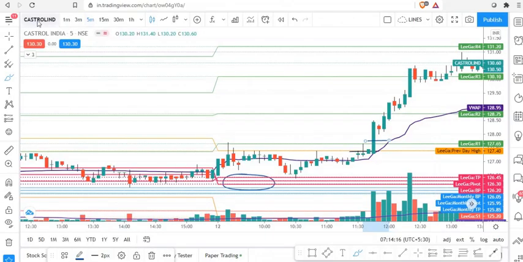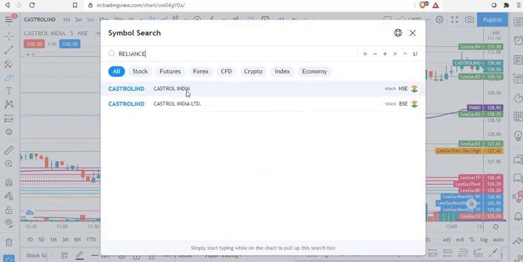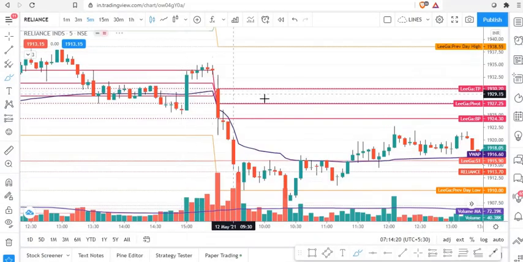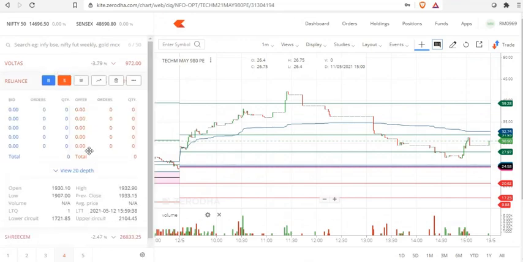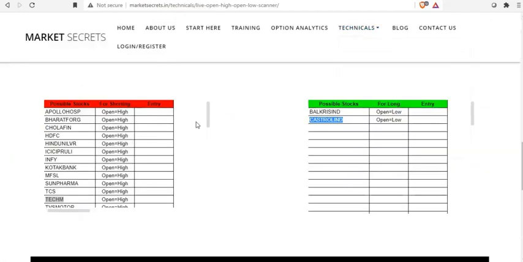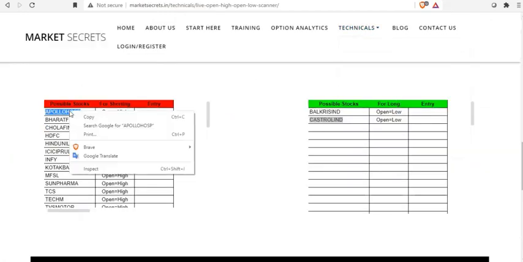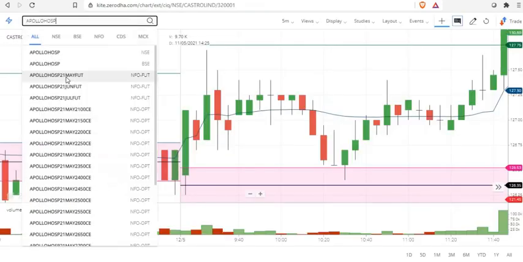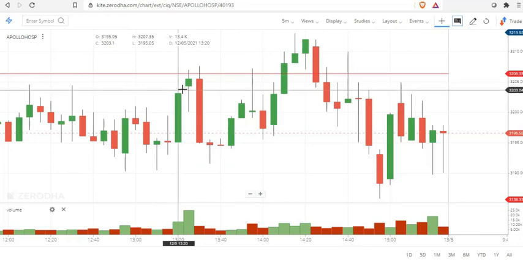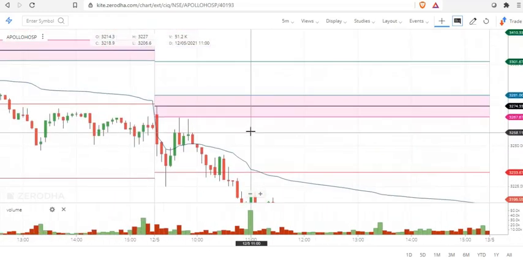Then we can go for Reliance. First we check whether the data is correct. Reliance is wrong now, wrong data. Open is equal to high. Okay, then Castrol India, then Apollo Hospital. I can go for Apollo Hospital.